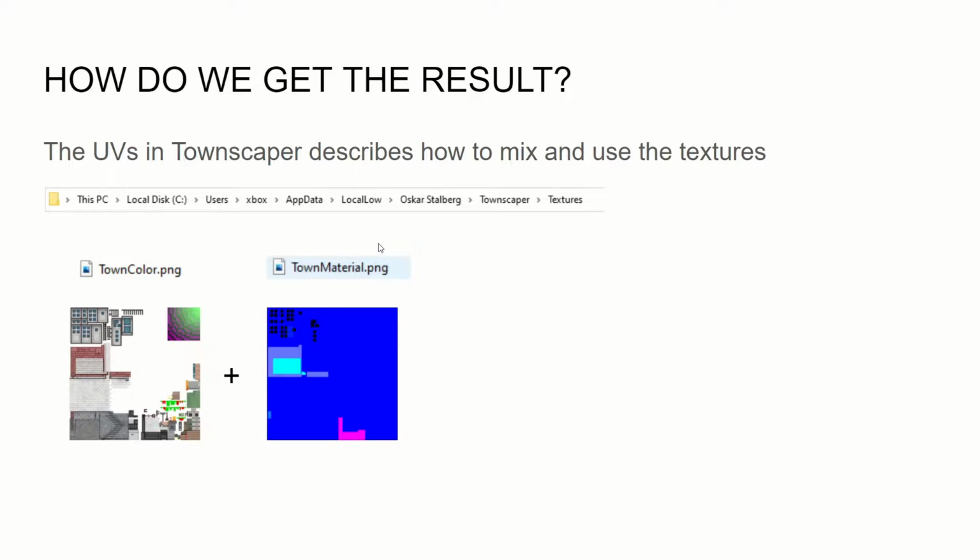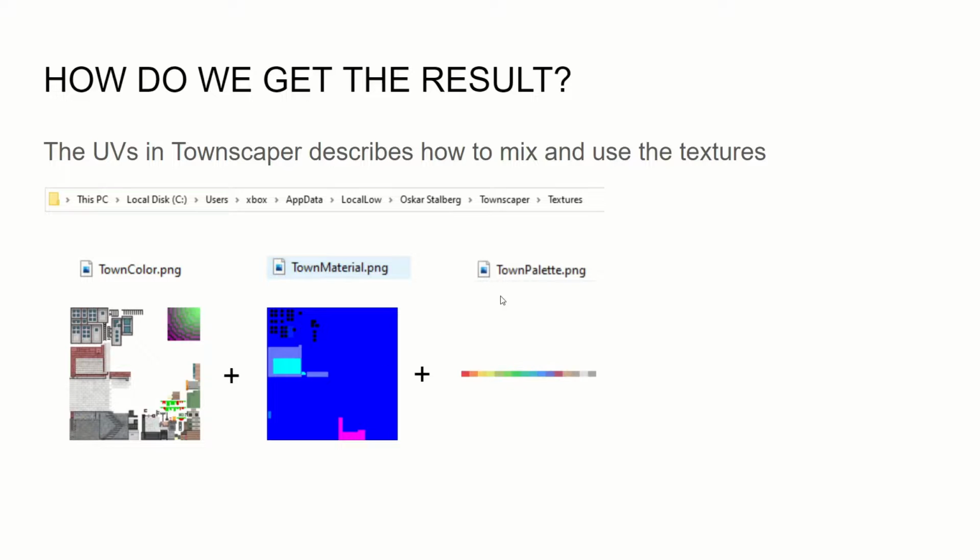Then we have another texture called town material. That is the same size as town color, and it contains various parts that are used to interpret what type of material it is in the object, and we'll come to it a little later.